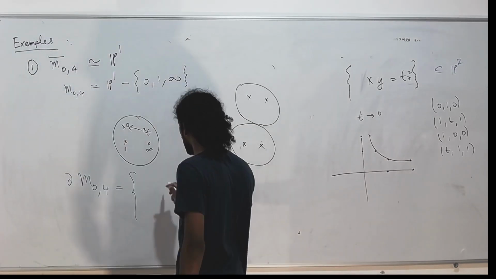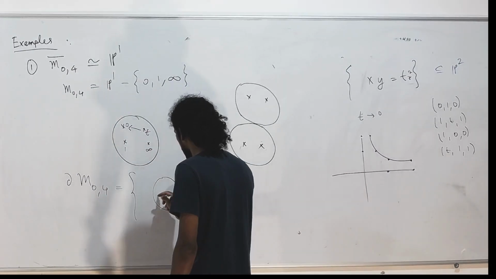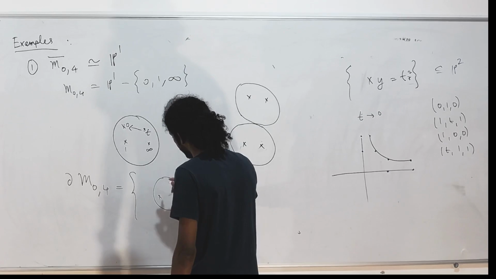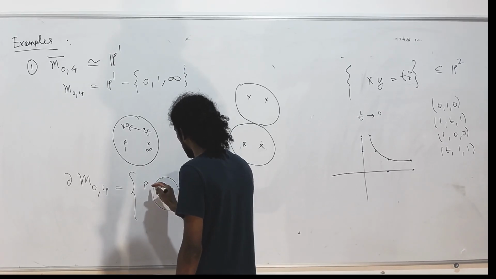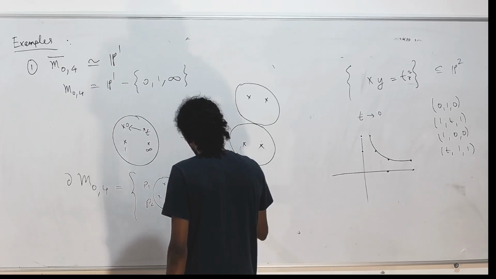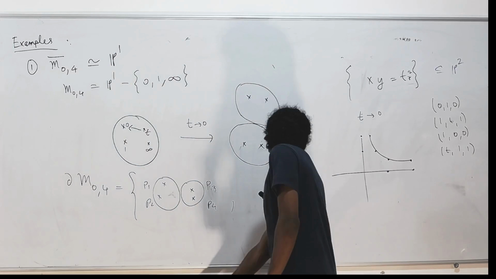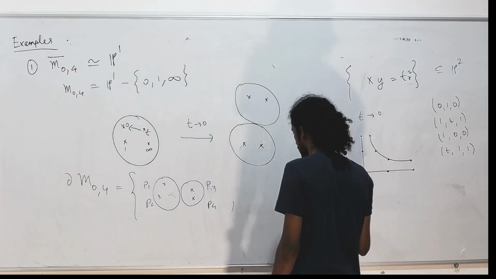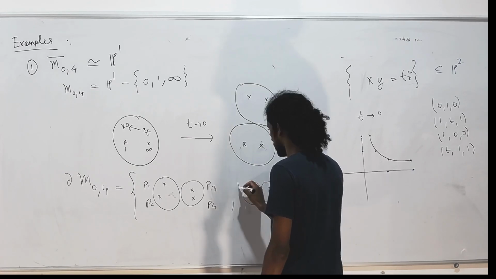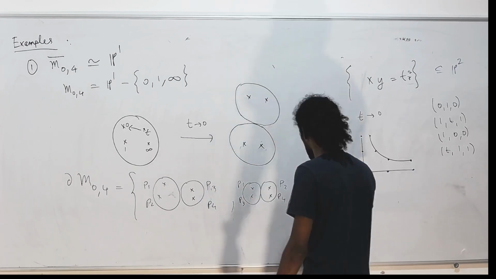These 3 points correspond to P1 P2 and P3 P4, P1 P3 and P2 P4, and then there's the last one.